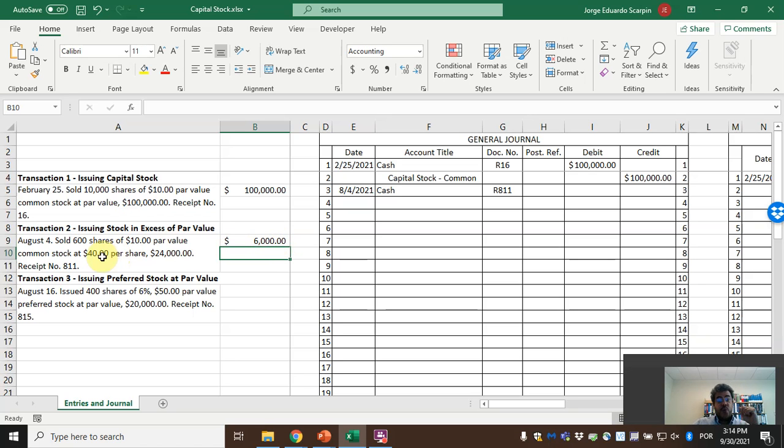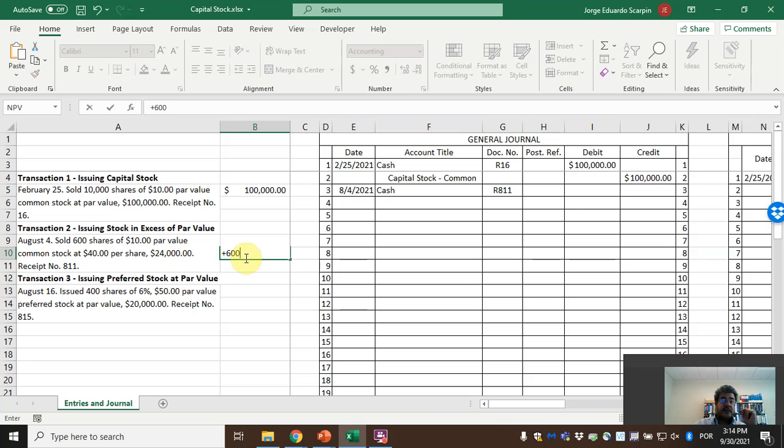However, we sold it at $40. So $30 is the additional paid in capital. It's, under a lot of quotes here, our profit or our gain. But this gain is not on the income statement. It is also an equity account.